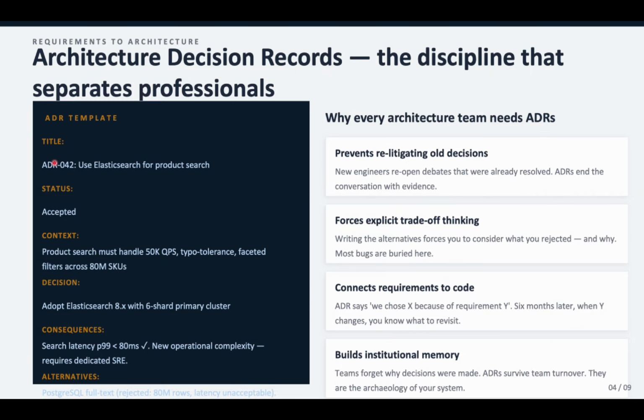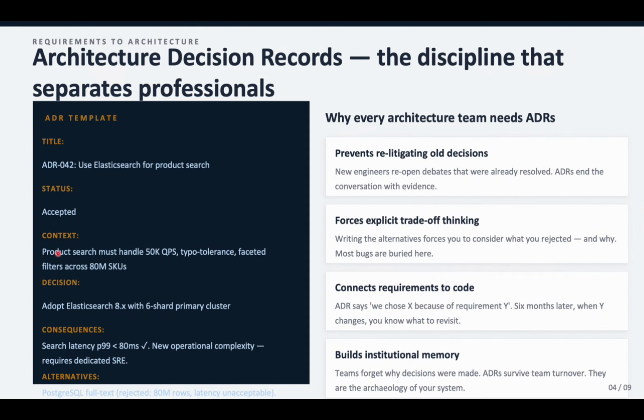We have the title. You can see over here ADR 042, and then the title: use Elasticsearch for product search. Notice it is numbered. You track your ADRs like you track code commits. Then we have the status, and it is accepted. Other statuses might be proposed, deprecated, or even superseded.